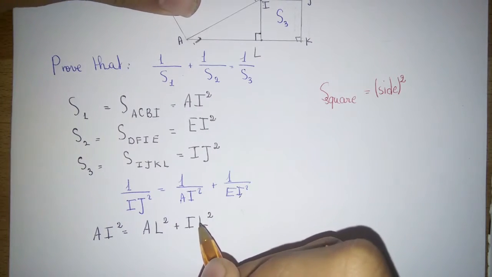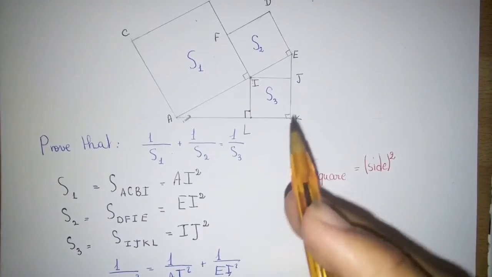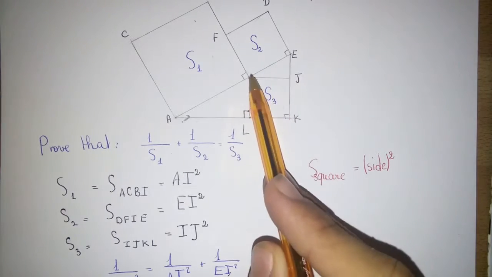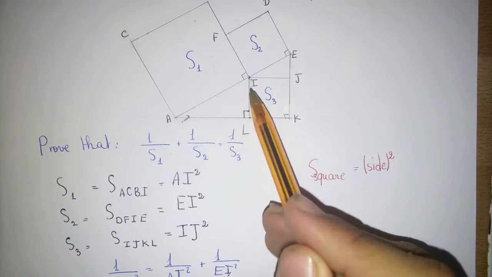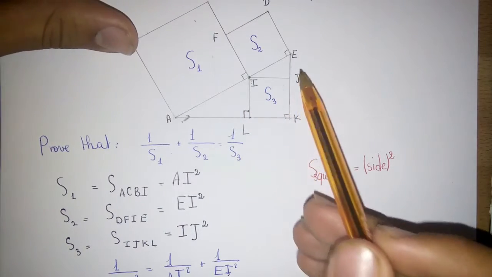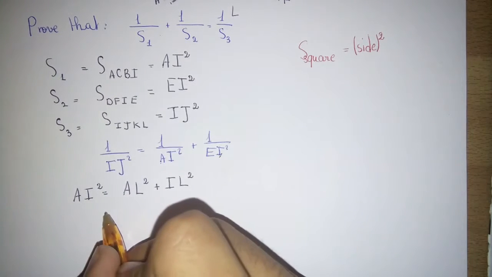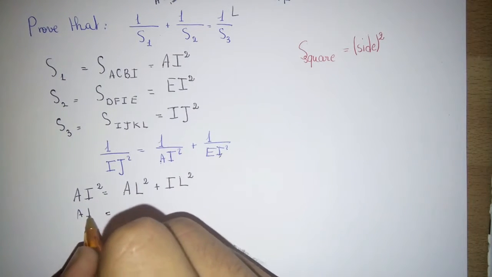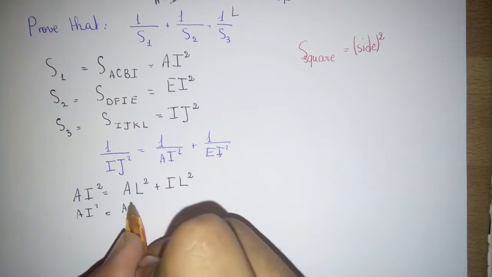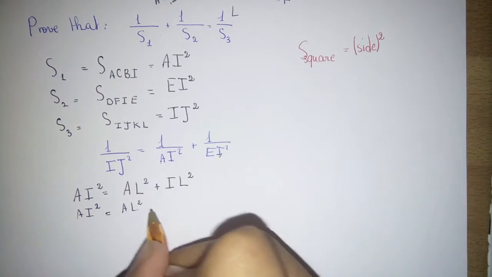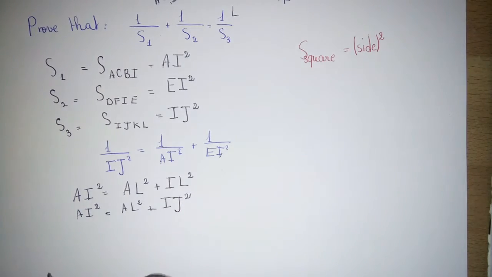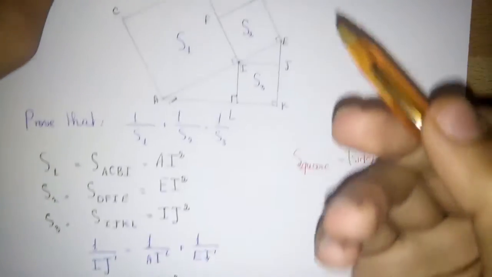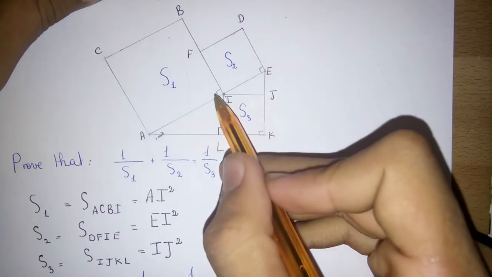But this IL here, this is a square, so all of its sides are equal. So IL is in fact one and the same as IJ. So we can write AI squared instead as AL squared plus IJ squared.